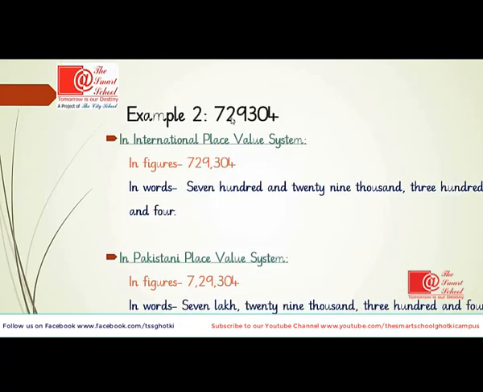Another example is 729304. We will write this number in the international place value system in figures as 729,304. Then in words, 729,304. In the Pakistani place value system, we will write in figures 7,29,304.